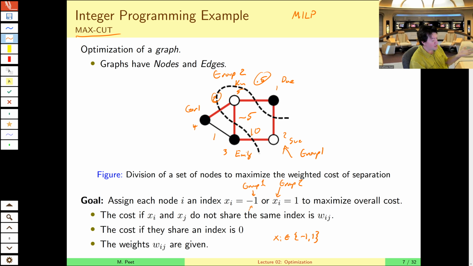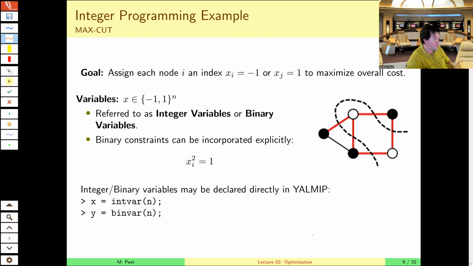Now how do we formulate the rest of the optimization problem, the objective and constraints? We've defined our variables: x is in {-1, 1} to the power n, indicating there are n of them for n students.